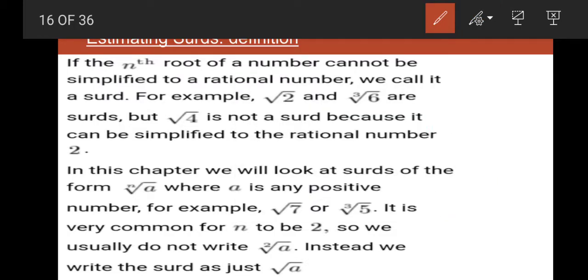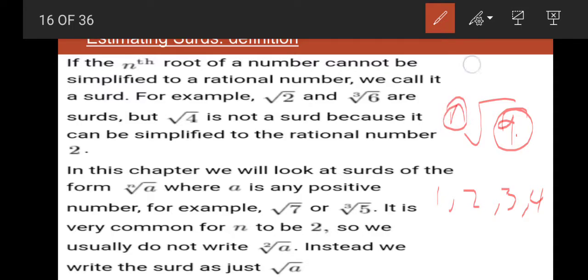So in this lesson, we will look at surds of the form nth root of a, where a is any positive number. A can be 1, it can be 2, it can be 3, it can be 4. So a is any positive number. It is very common for n to be 2.